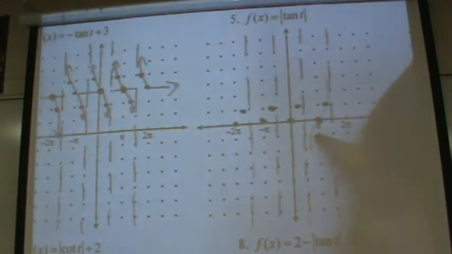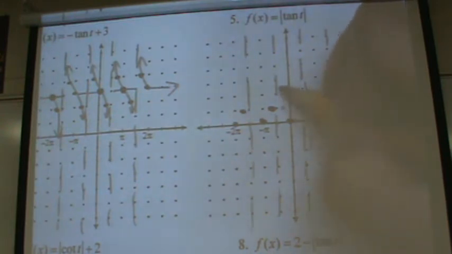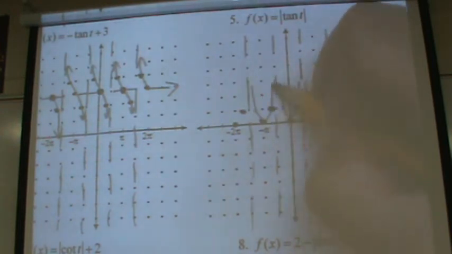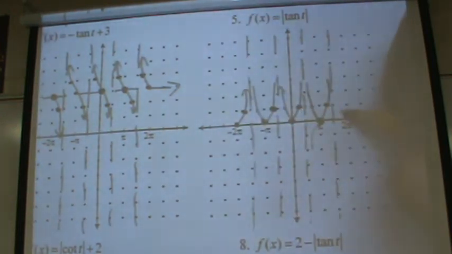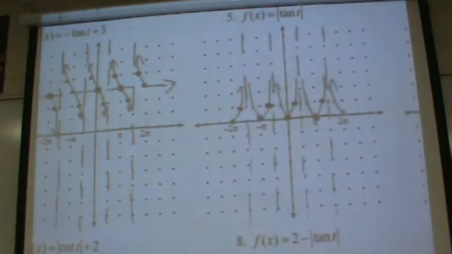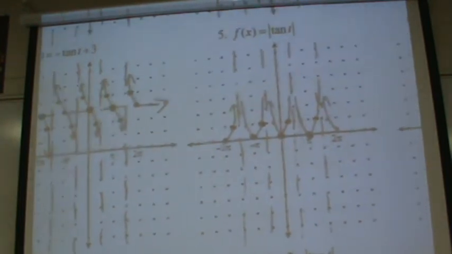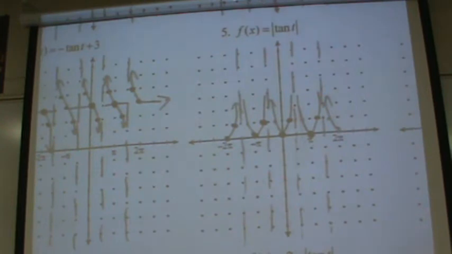But this piece, when you take the absolute value of it, is going to flip up here. So it's going to look like this, this, this, and that. Good? Or no?